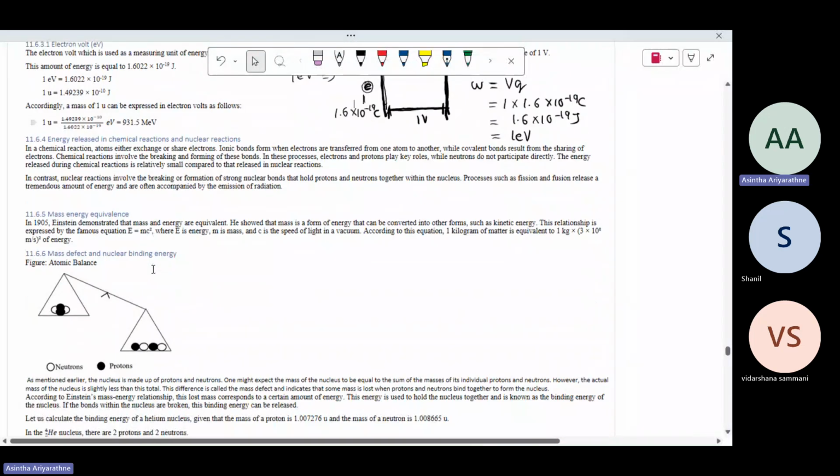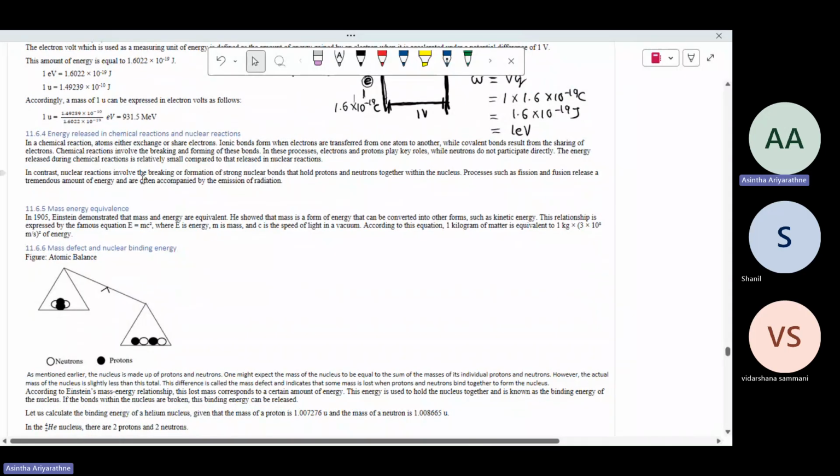Next, in chemistry, when a spontaneous process or a spontaneous chemical reaction happens, energy is released. During a spontaneous process, some amount of energy is released.